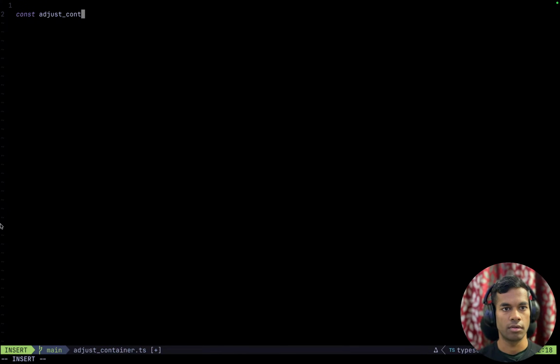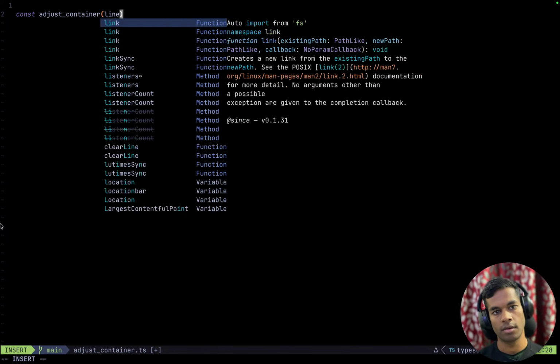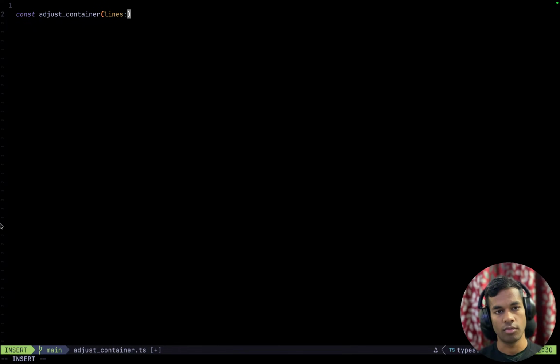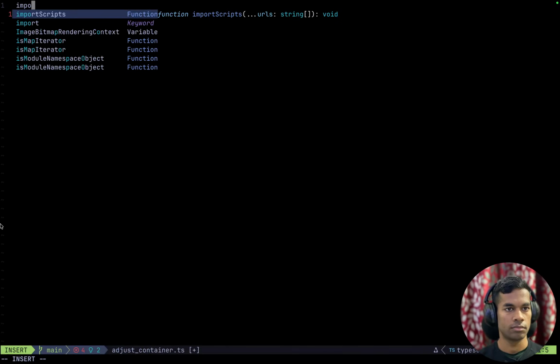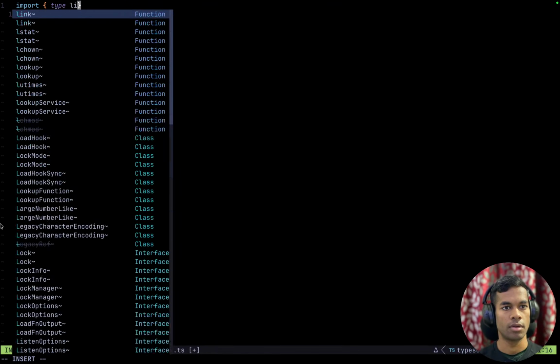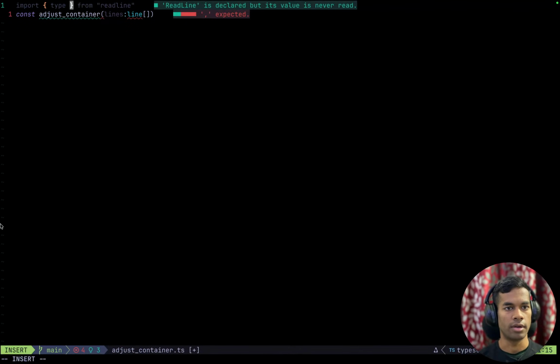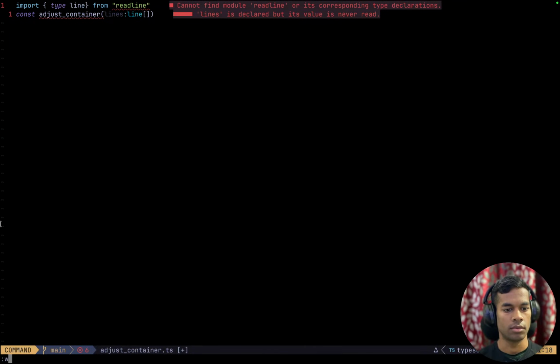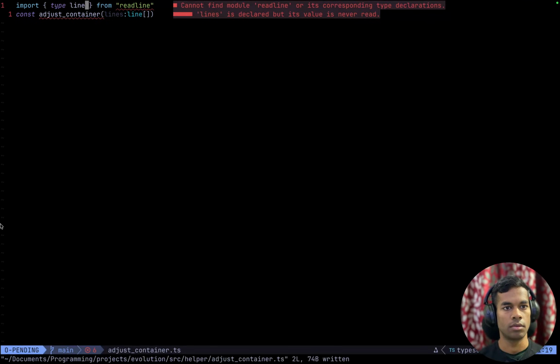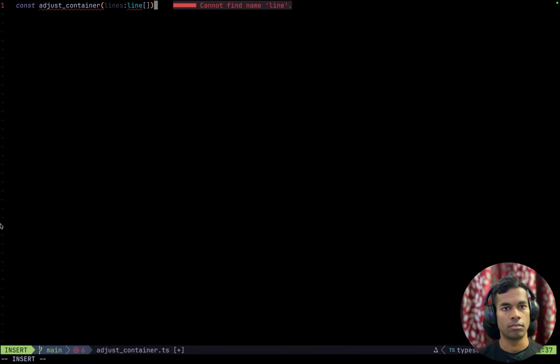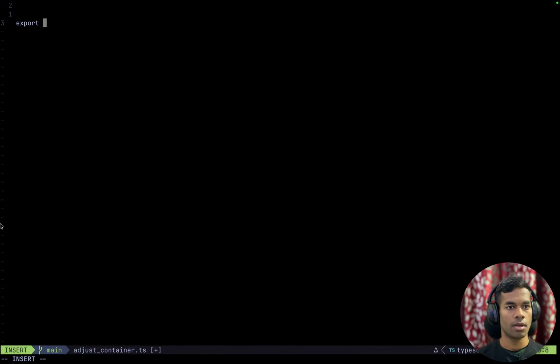Const adjustContainer of the organism. This takes in lines which is of type line list. Import not red line but both.